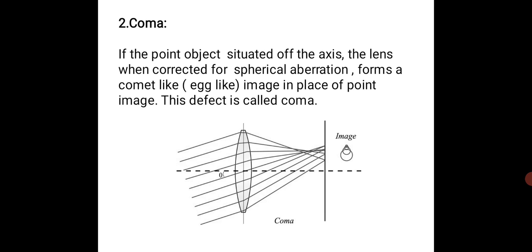This defect is called coma and is illustrated with the help of the figure below. That is, for a point object situated off the axis also, the rays are not going to meet at a single point, but the image will appear as a comet-like structure. This defect is called coma.